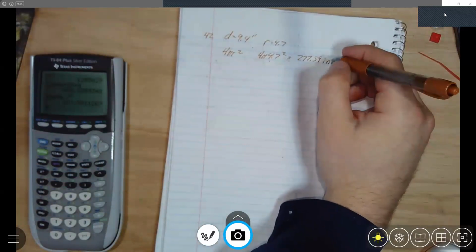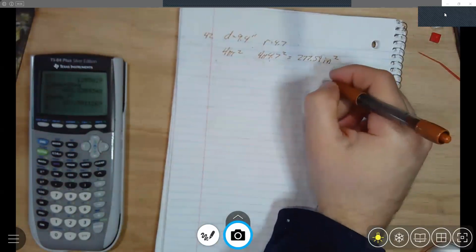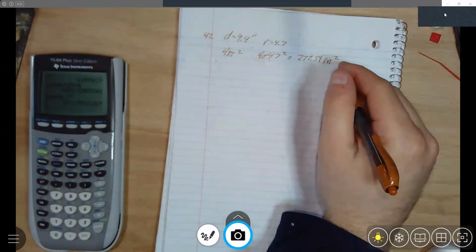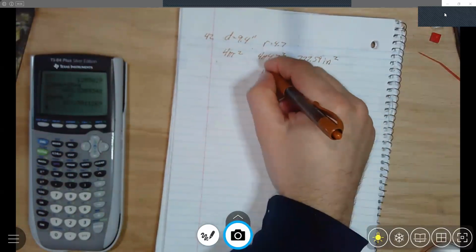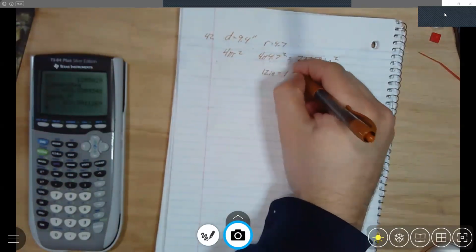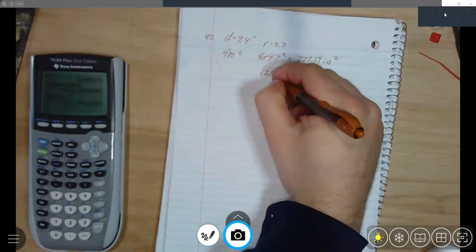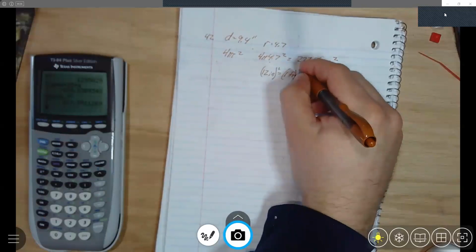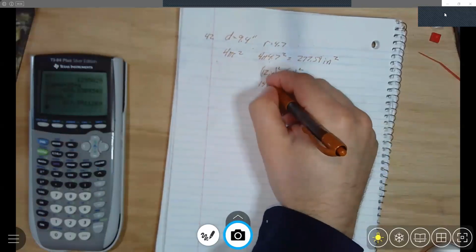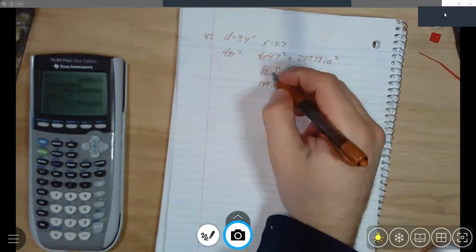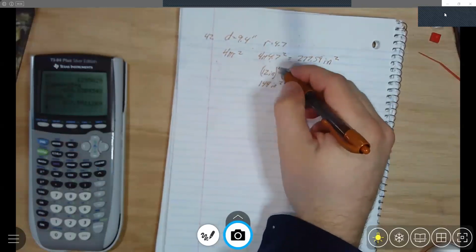Oh, I read the directions again. It says to the nearest square foot. So there's 12 inches in 1 foot. And if you square, you get there's 144 square inches in 1 square foot, right? The square applies to the 12 and the unit.